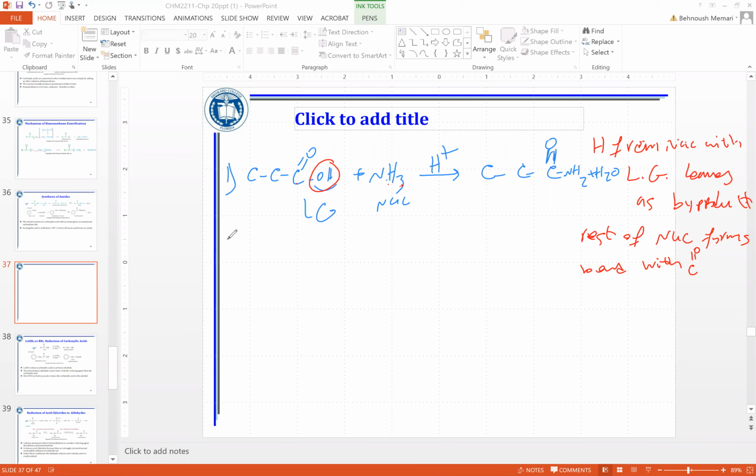If you use a primary amine, what's going to happen? I'm going to use the same carboxylic acid, and instead of ammonia, I use a primary amine like CH3NH2. This is a primary amine.